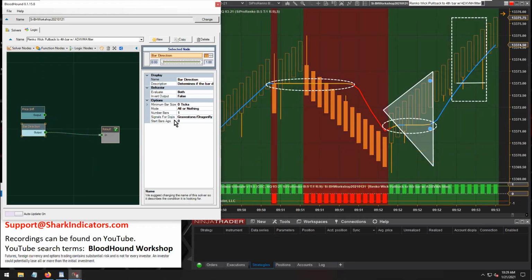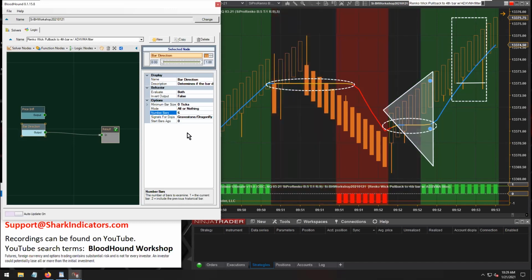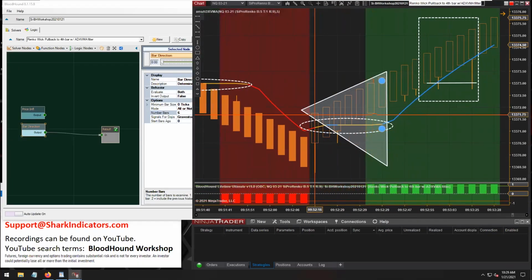With the bar direction solver, we can see that there's a setting called number of bars. So we can make sure that there is a minimum of 6 bars in the same direction. If we look at this, we can see when it gets to the 6th bar, we start getting a long output, because these are all up bars.